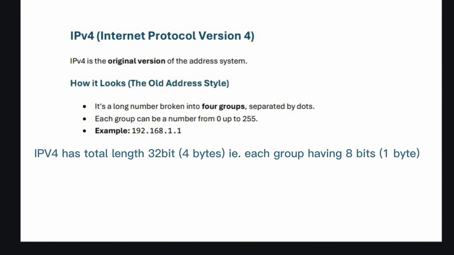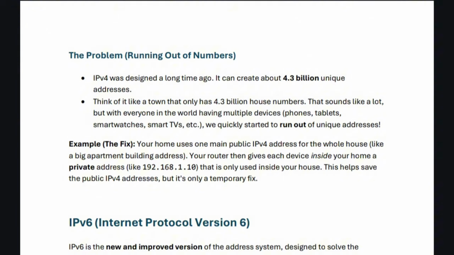It was designed a long time ago and can create about 4.3 billion unique addresses. We can think of it like a town that has 4.3 billion house numbers. But with everyone in the world having multiple devices, phones, tablets, and more, we would be running out of unique addresses.